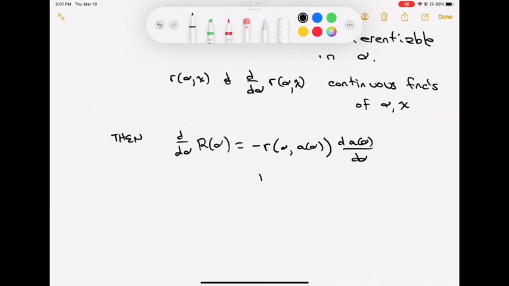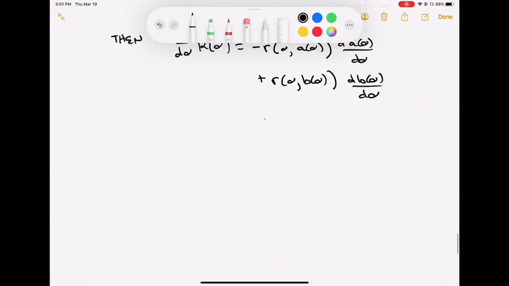I'm going to add to that an r of alpha comma b of alpha, and I'm going to take the derivative of b of alpha with respect to alpha, and then just one more term in here, a plus, and this is going to be an integral from a of alpha to b of alpha of the partial of little r of alpha and x with respect to alpha, and then I have my dx in there, something along those lines.